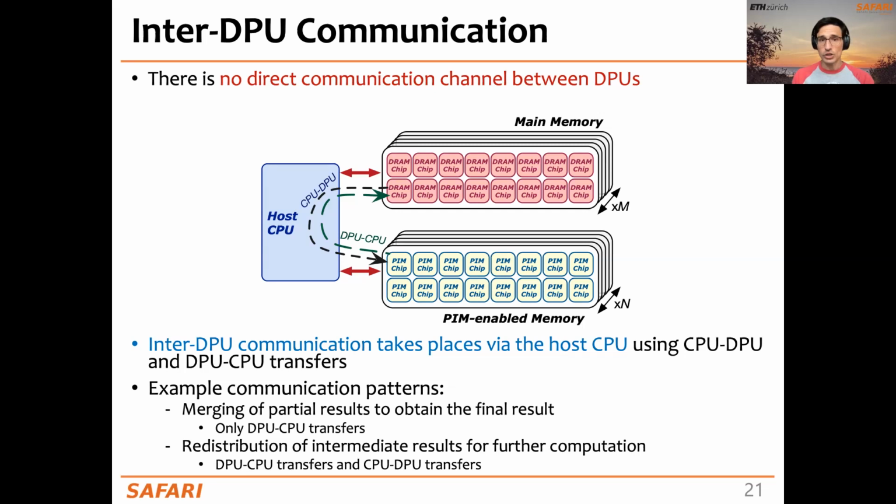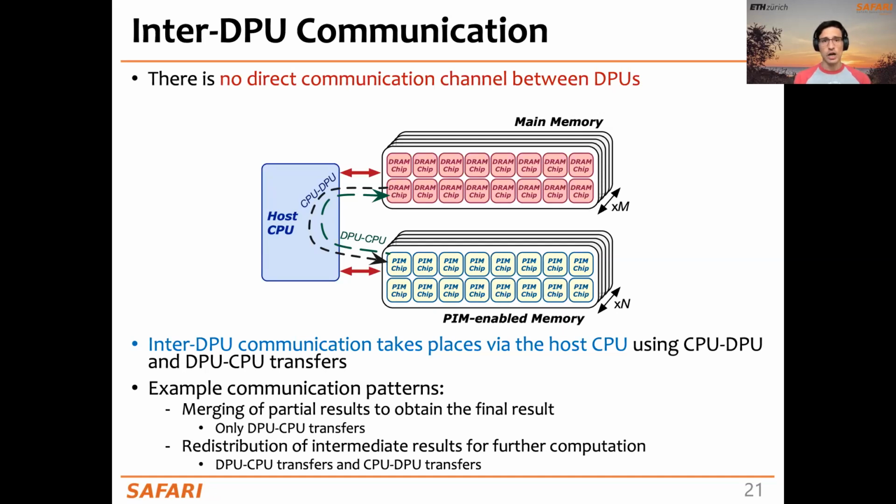Another possibility is to use this inter-DPU communication over the host CPU to redistribute intermediate results for further computation. In this case, we need DPU-CPU transfers, perform probably some computation on the CPU side, and then return the intermediate results by using CPU-DPU transfers.